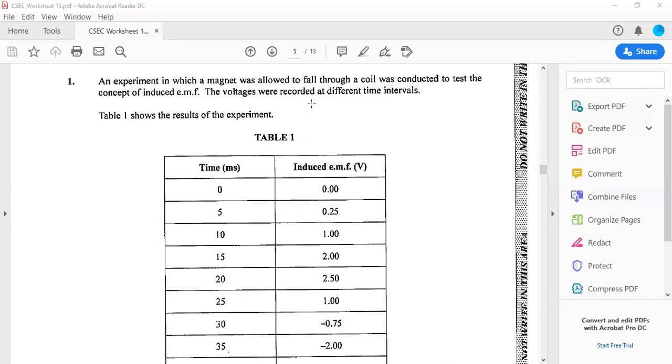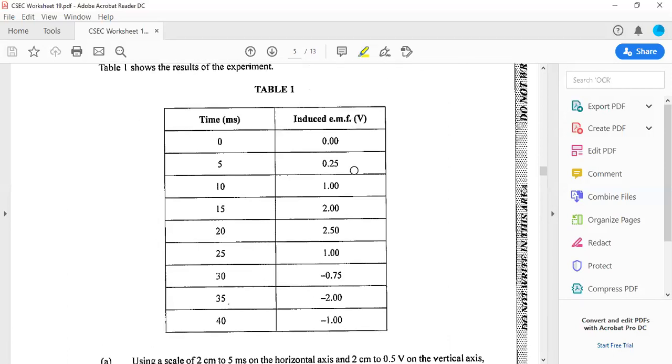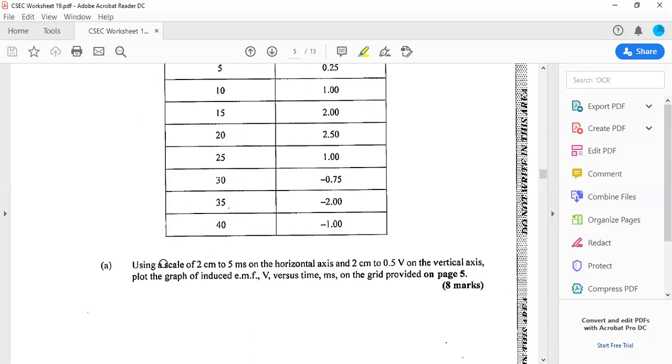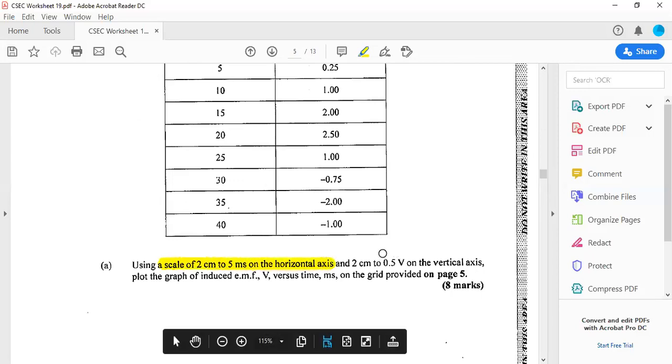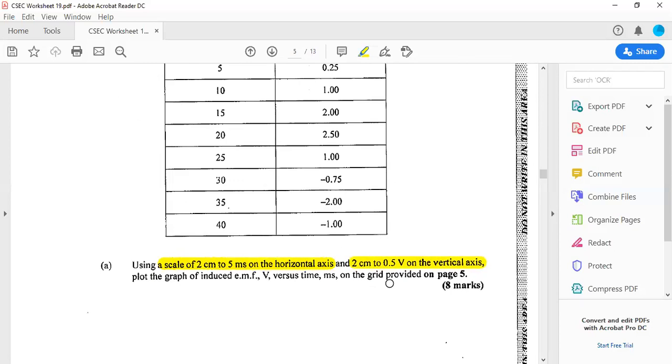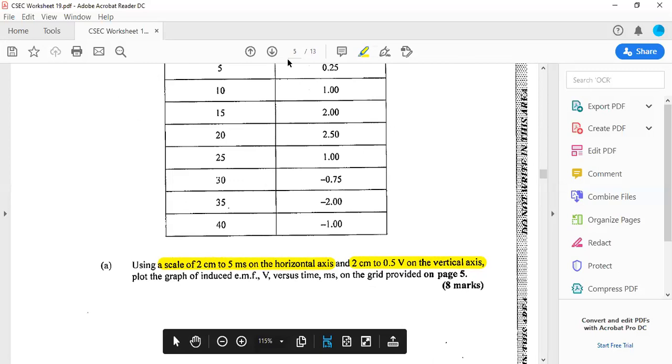The voltages were recorded at different time intervals. Good. So here they give you everything: time, EMF. They also gave you the scale, 2 centimeters to 5 millivolts on the vertical axis. So voltage on your Y and time on your X. Good.